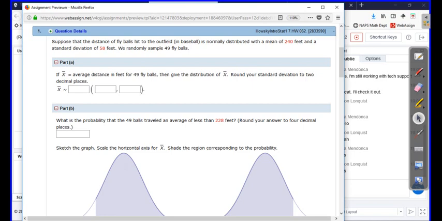Now they're telling us that X bar is the average distance in feet for a sample of 49 fly balls. And we're asked to give the distribution of that sampling mean, X bar. So we want to round our standard deviation to 2 decimal places in here. So let's demonstrate how this is going to work.